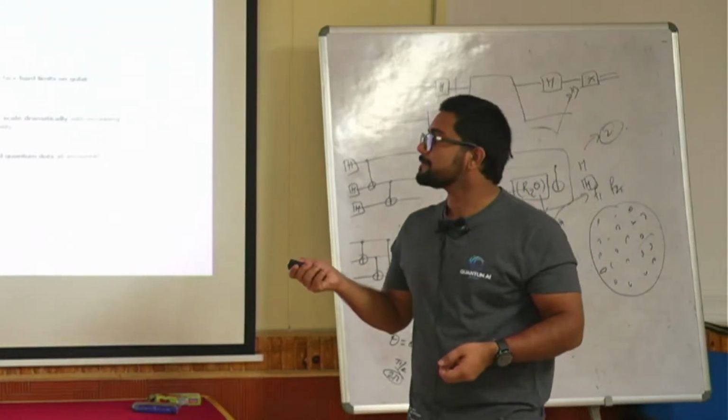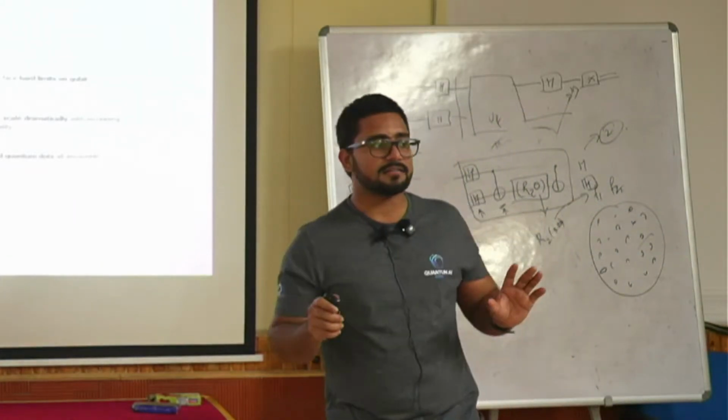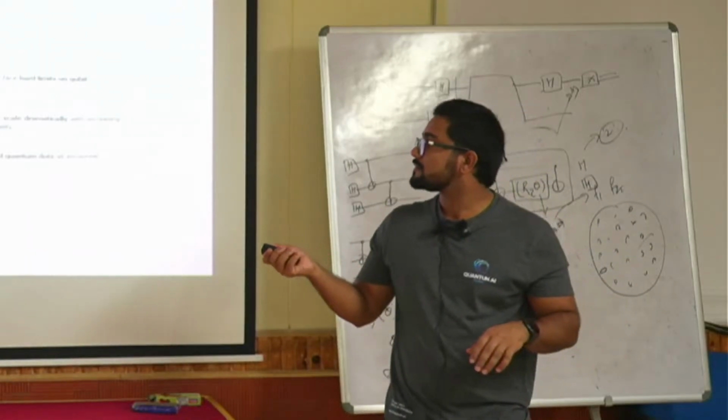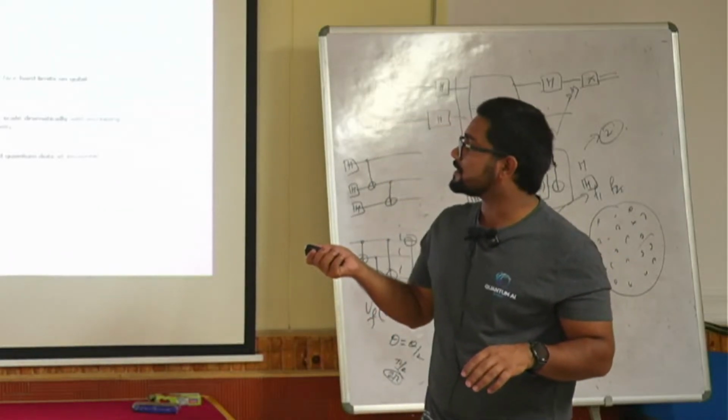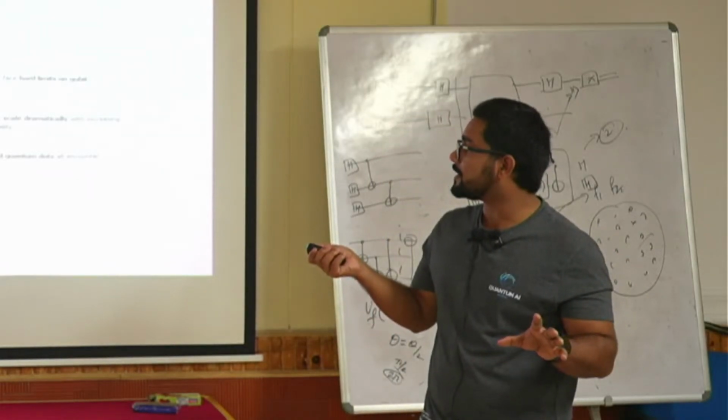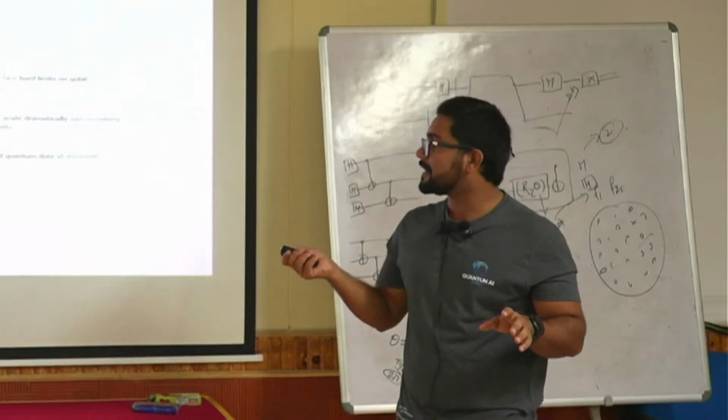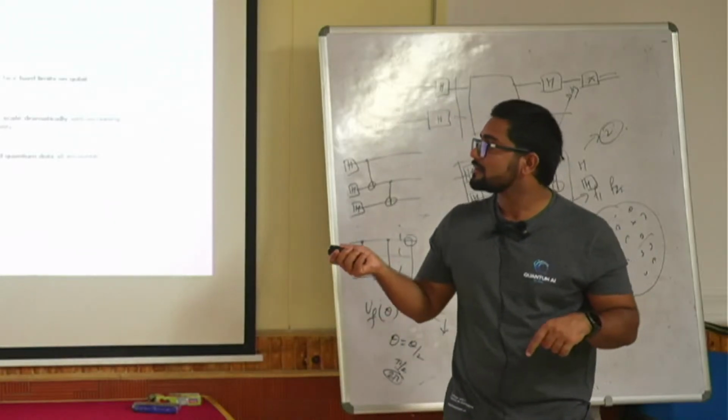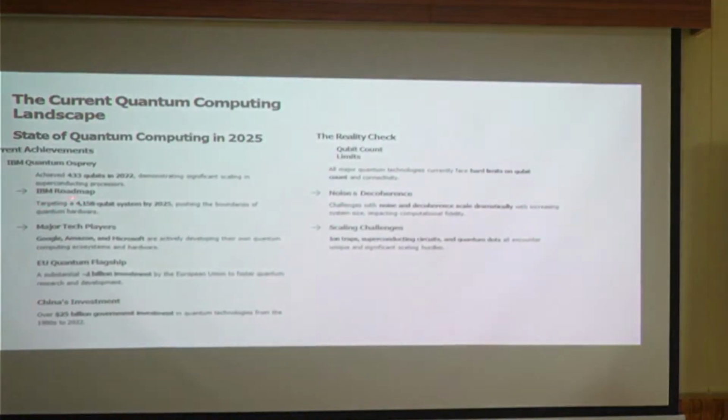You can see the present status of quantum computing. IBM Quantum had 433 qubits by 2022, and on their roadmap by 2025, they are projected to reach around 4158 qubits. That's the state of the art, the present worldwide status.